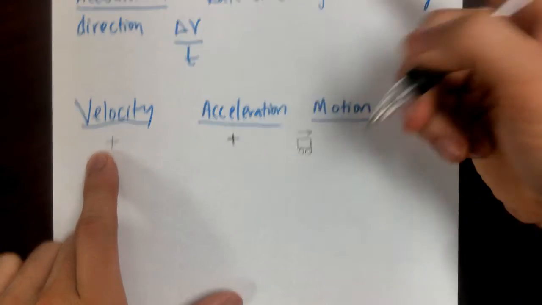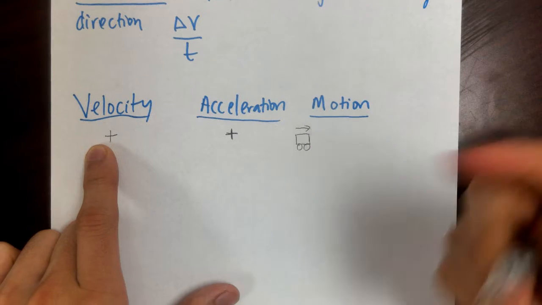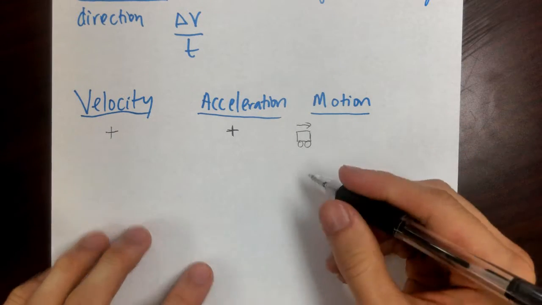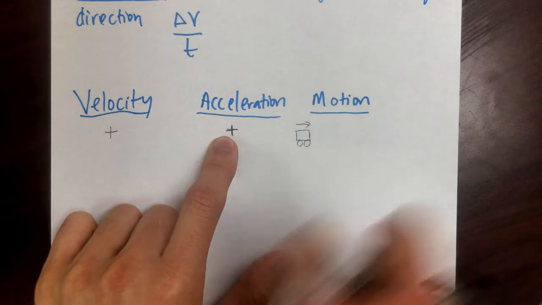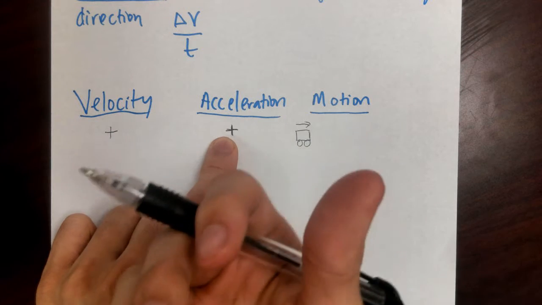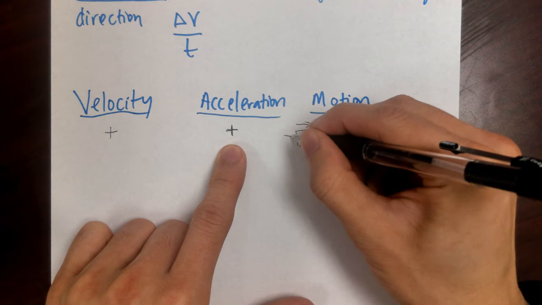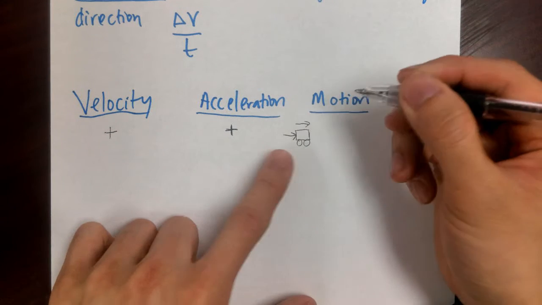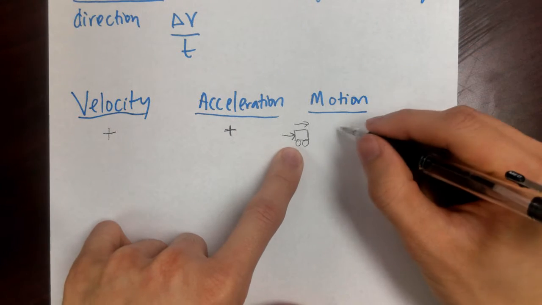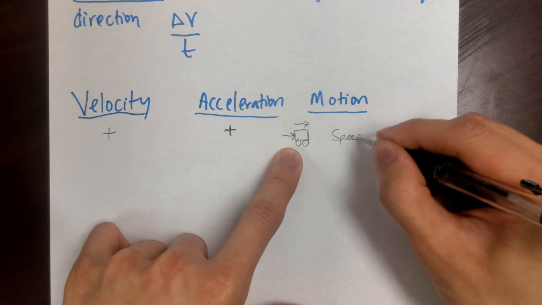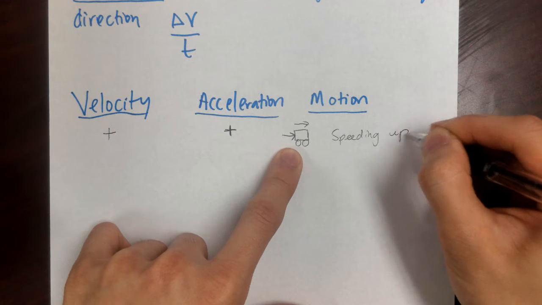Remember, positive is right. Acceleration means something is pushing on it to make it go faster. Since acceleration is to the right also, they combine, so it's going to be speeding up.